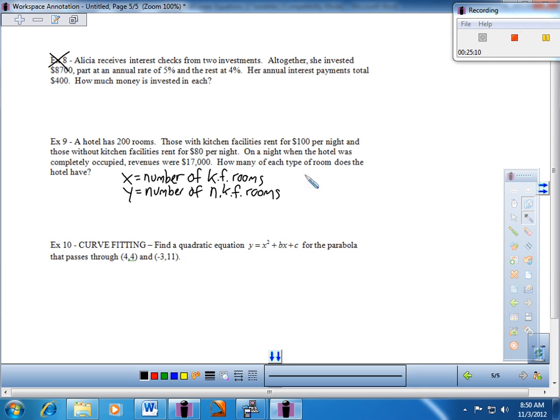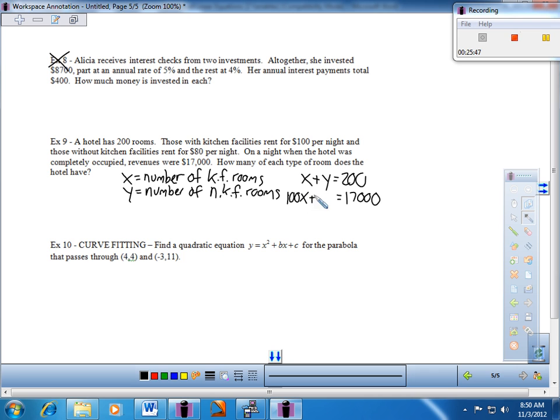So again, I've been rambling now a couple minutes. Maybe you've paused the video or not, but essentially I think we're looking at the number of rooms added together would be 200, so X plus Y equals 200. And then in terms of the revenue, it looks like the revenues totaled $17,000. Where did that revenue come from? Well, it looks like each kitchen facility room brought in $100, so 100 times the number of kitchen facility rooms.